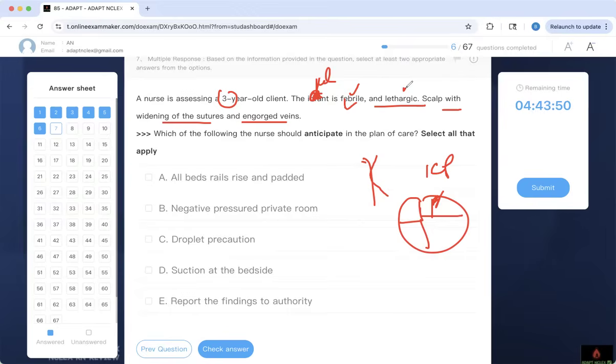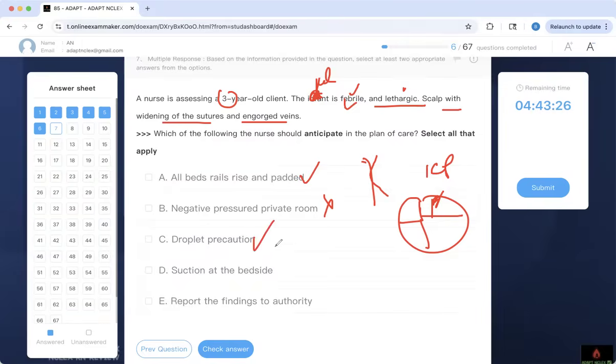Now, I've given you the diagnosis. What would you do? The patient has an ICP issue with meningitis. Well, all bed rails should be raised and padded because of seizures. Negative pressure room? Meningitis doesn't go into a negative pressure room. Droplet precaution, of course, for meningitis.